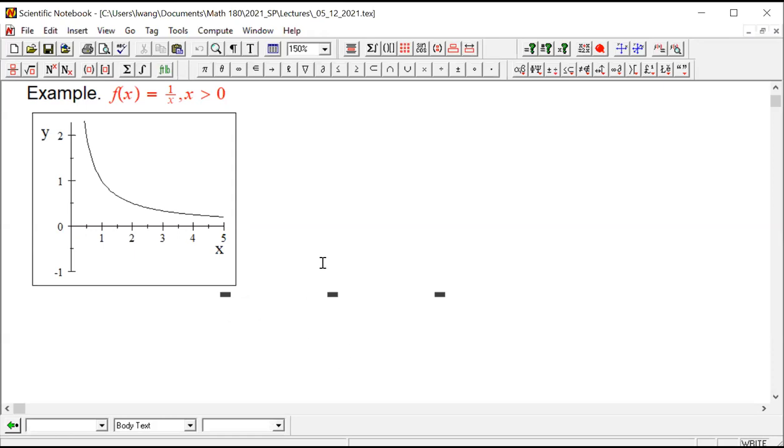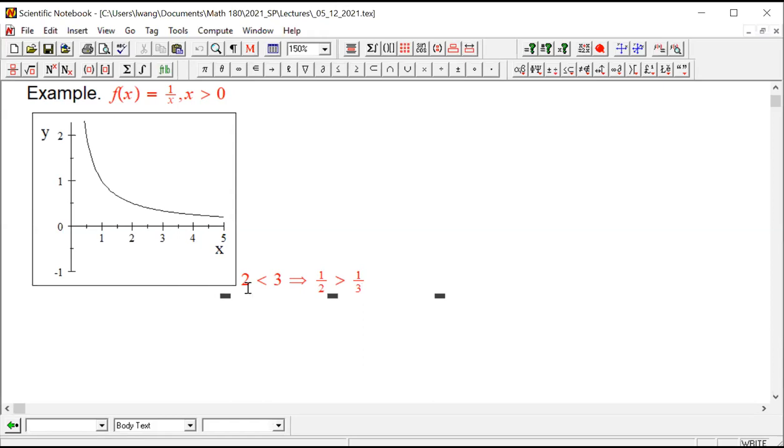To give some examples of a decreasing function, you see 2 is less than 3, but 1/2 is larger than 1/3.